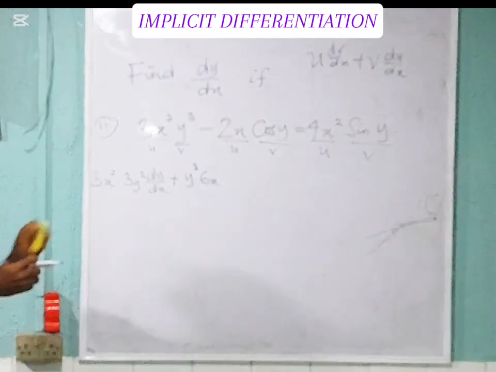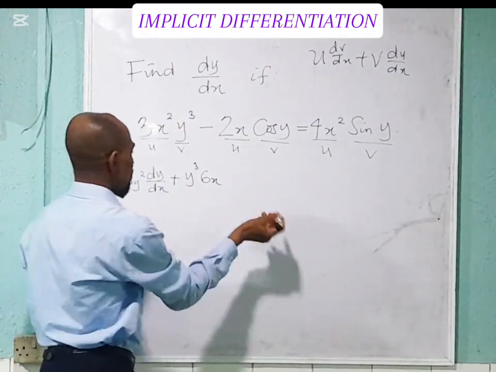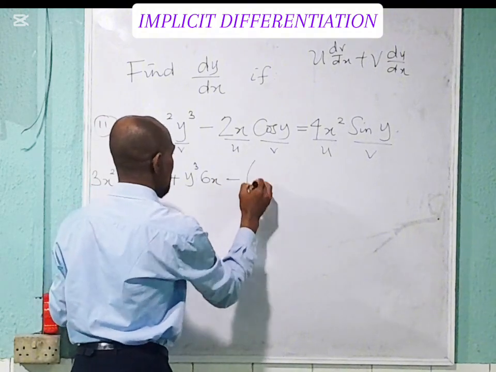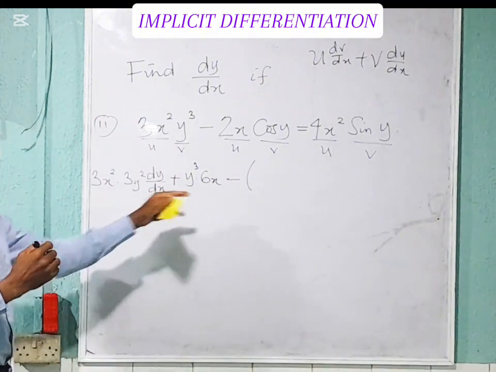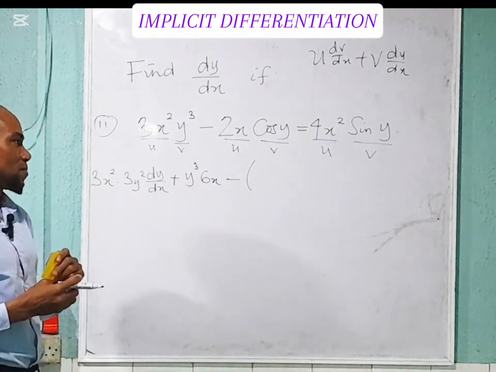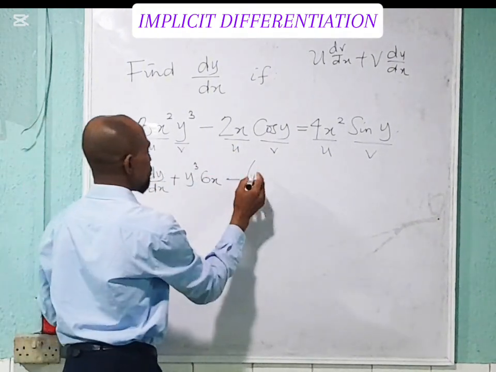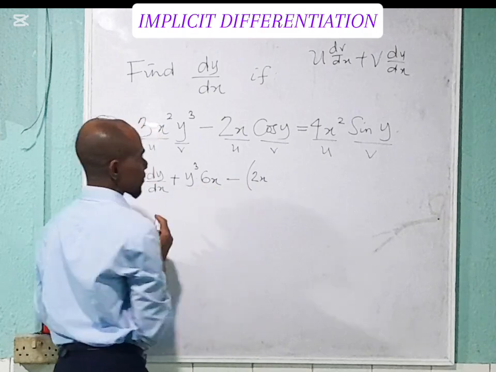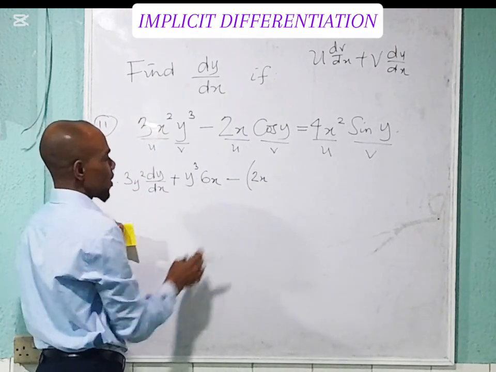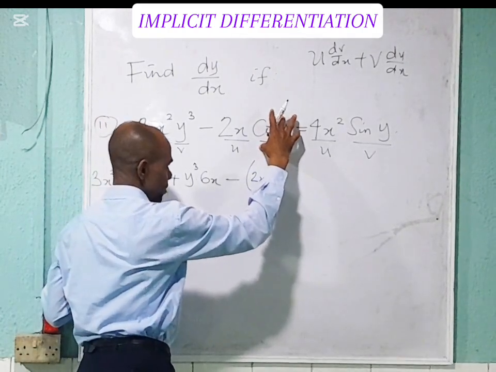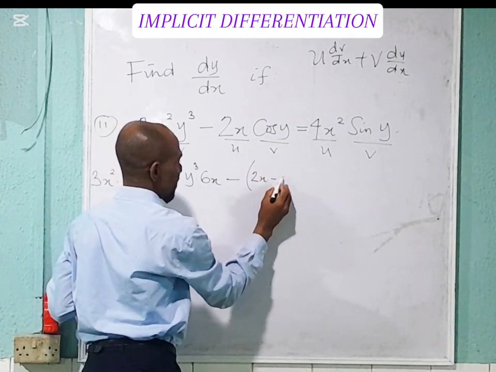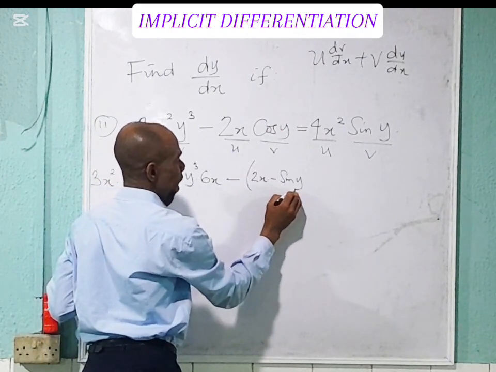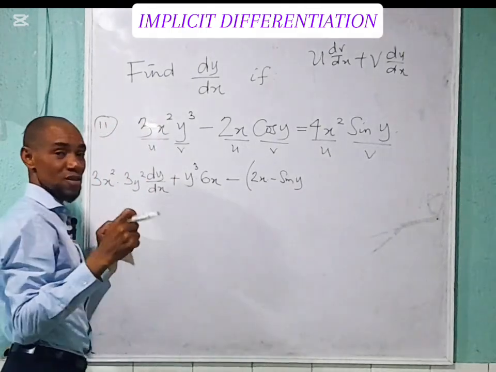That's the first product. For the second one, please have your minus and parentheses, because the minus affects everything you're going to get in the parentheses. So again, u here is what? 2x. Now differentiating my v, that will give me times minus sin y. Remember, differentiating cos is minus sin.